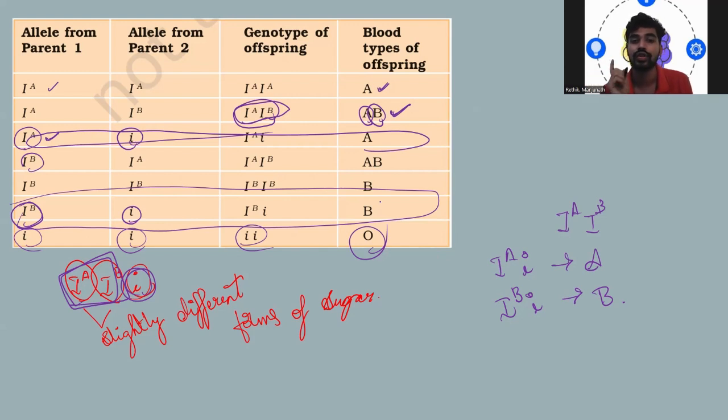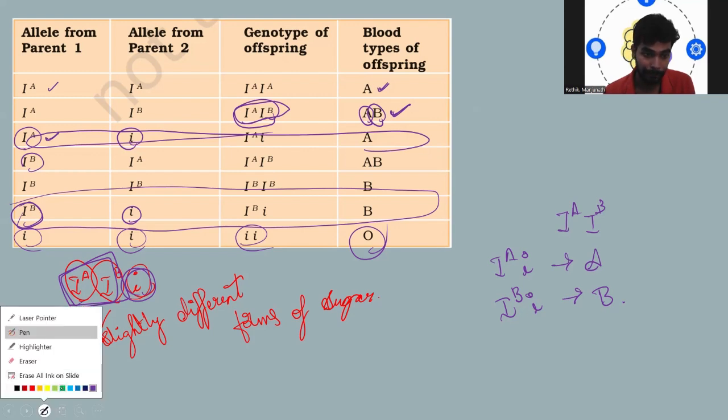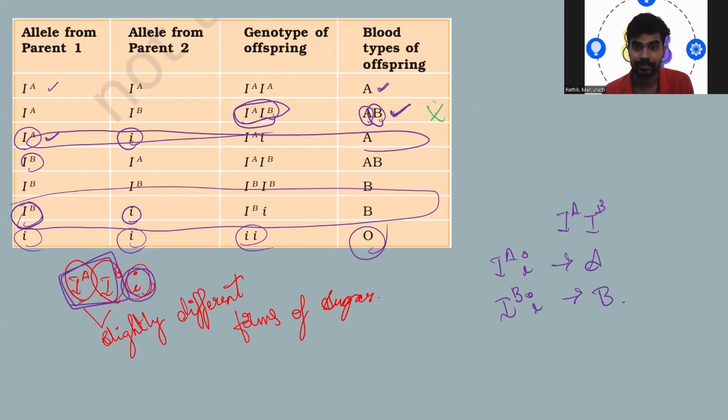So what happens here? We are actually seeing codominance in these two ways, that is IA IB, and the same thing, IB IA. In these two cases, we see that both the characters of the parents have been expressed in the offspring.